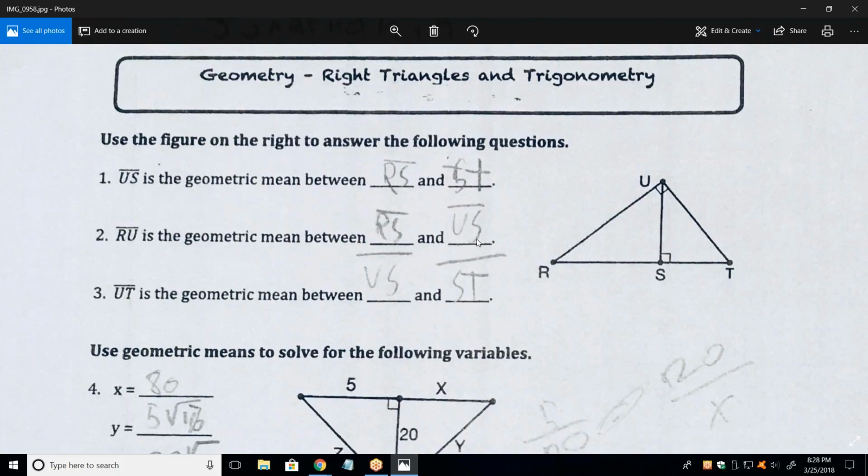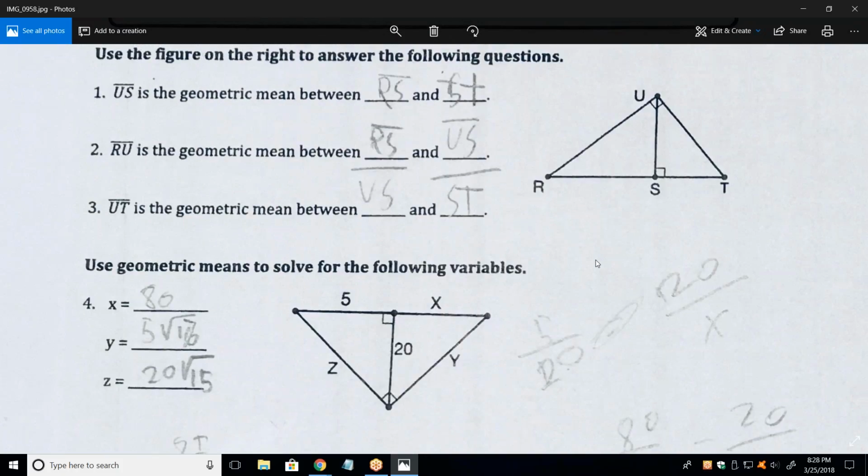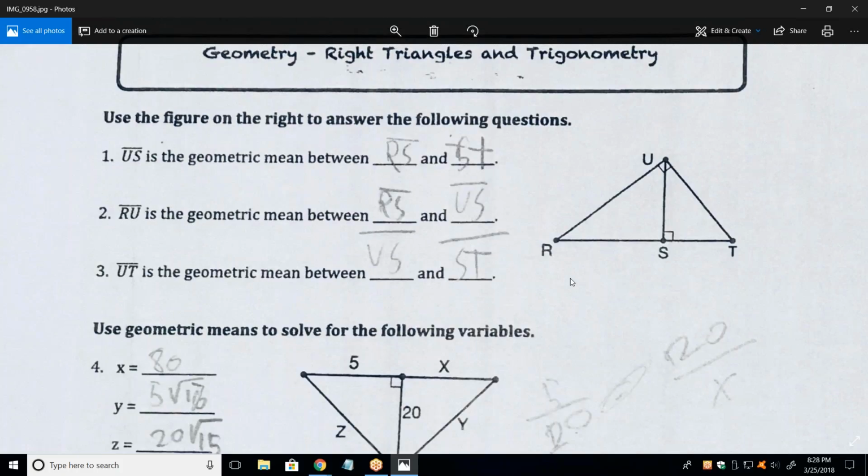So US would be the geometric mean between RS and ST. That's a peculiar property of geometry, that whenever that angle U is a right angle, then you have that geometric mean. That's almost coincidental. In other words, that's completely different than the algebraic way I just explained it.